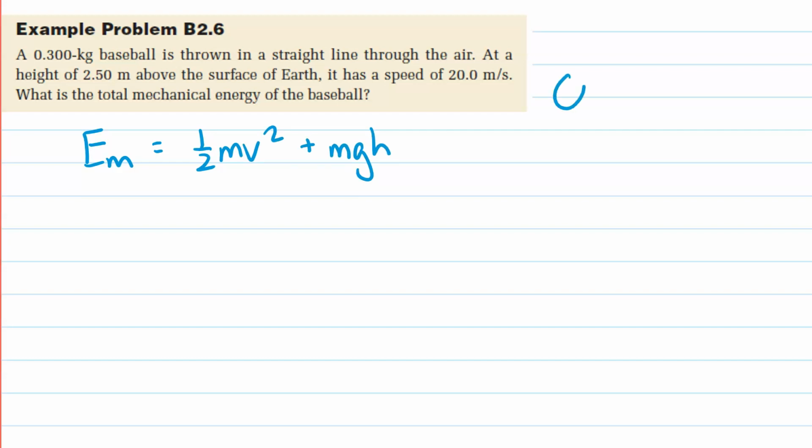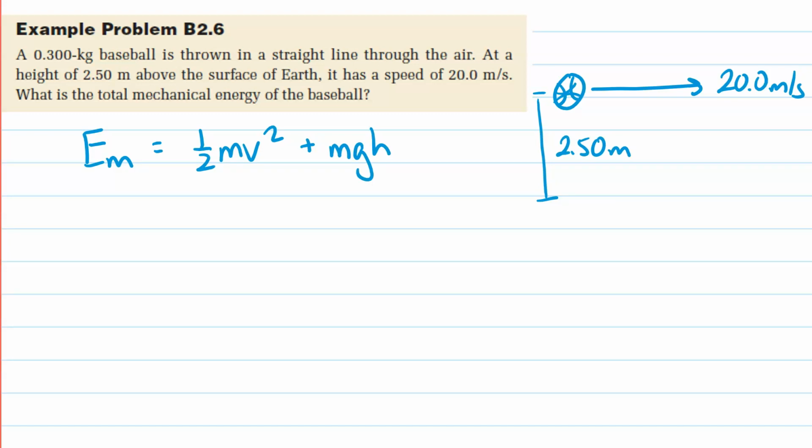Just to draw this baseball, it's moving at a speed of 20 meters per second, and it's at a height above the ground of 2.5 meters. So that's our situation. We want the mechanical energy.